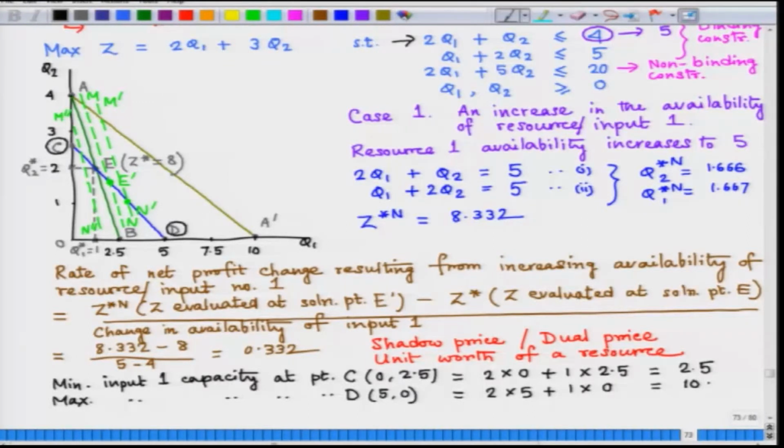Okay. So, that means that we are talking about some range which is given by 2.5 units of input 1 and 10 units of input 1. Okay.